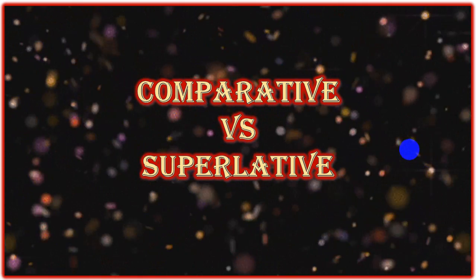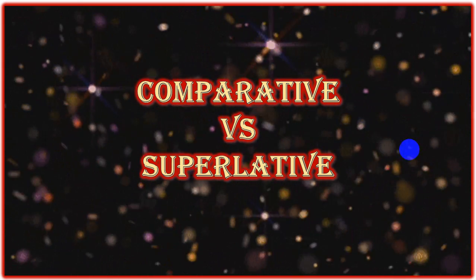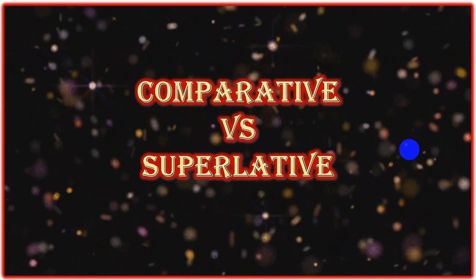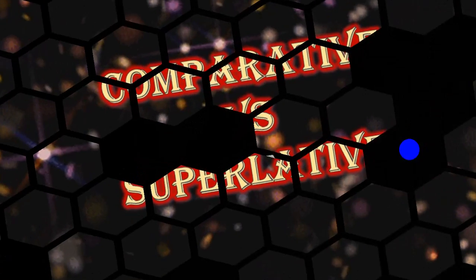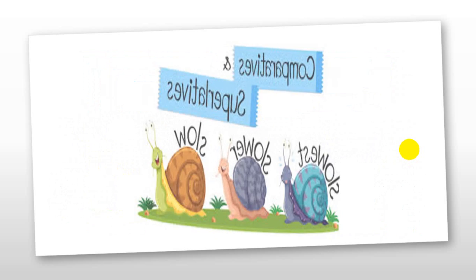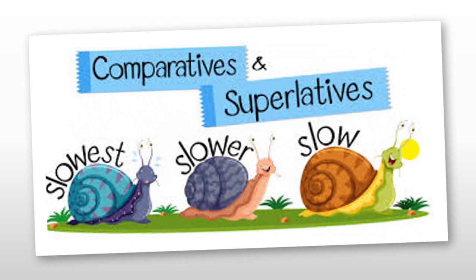We have 3 kinds of adjectives. First, the main form of the adjective, which we use in describing nouns. For example, slow turtle, tall boy, quick car, and so on.